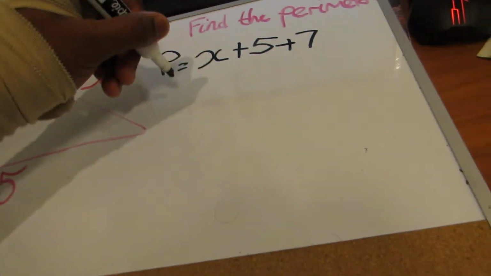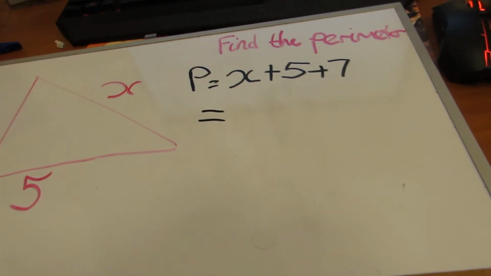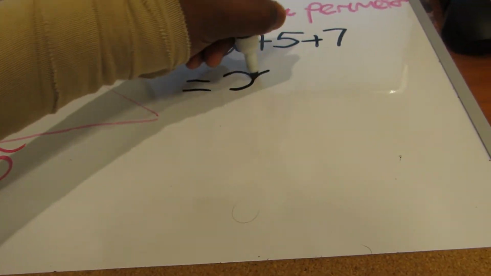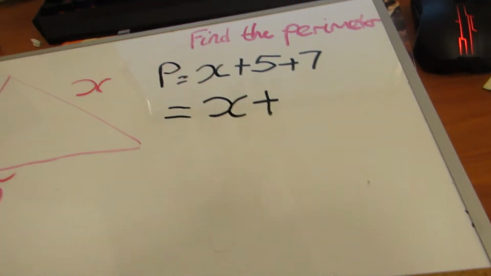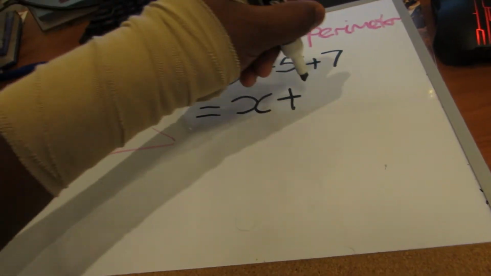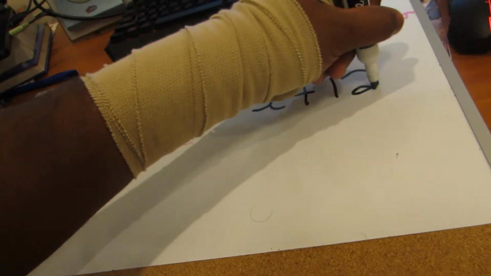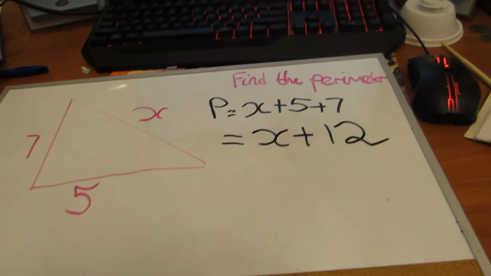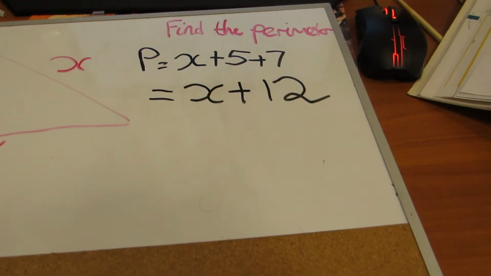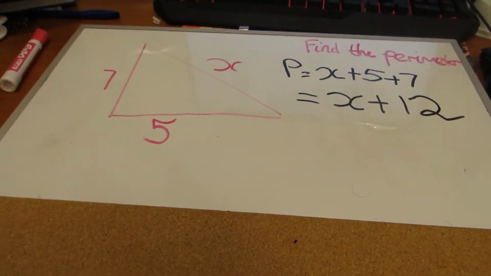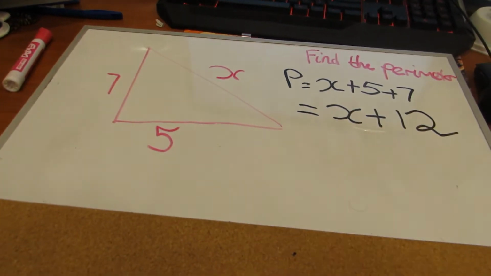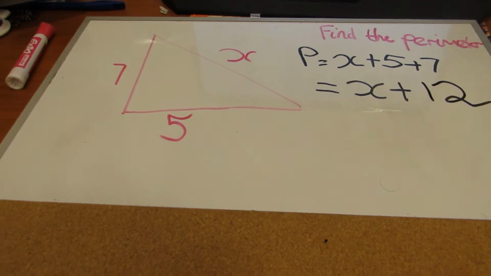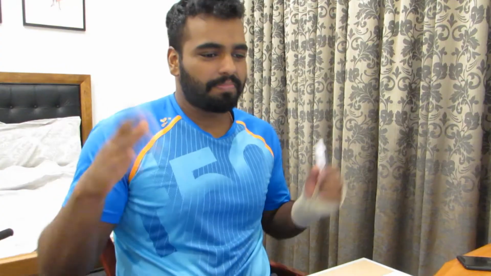And obviously you have to simplify. x plus 5 plus 7 equals 12. And that's it. P equals x plus 12. That's all you need to do. Very easy, very simple, but obviously with x's, with algebra, it gets really overcomplicated.